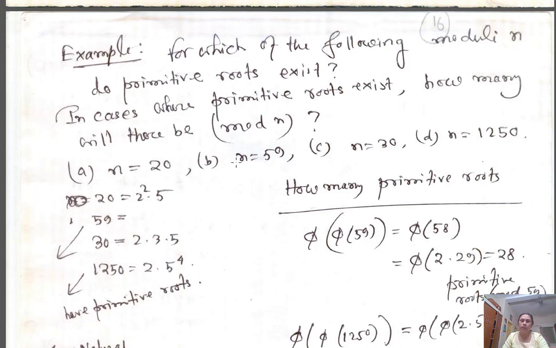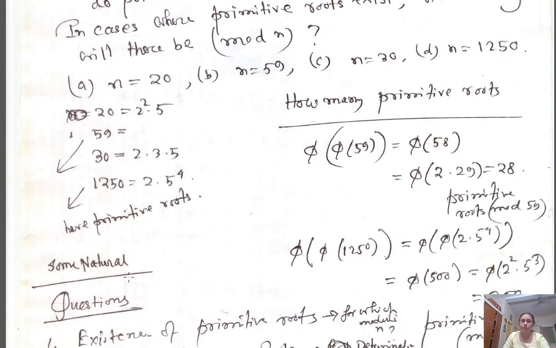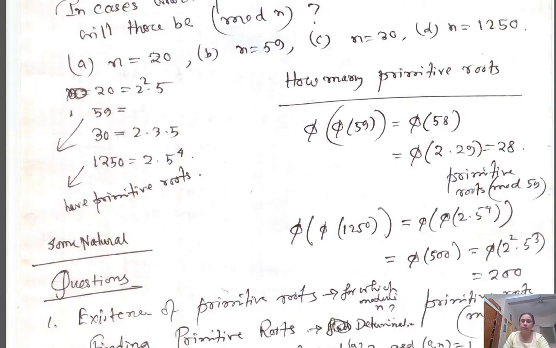Just check whether it is of the required form. 20 is 2 squared times 5, so it is not 2 times a prime power or a prime power, so we don't have a primitive element. This one is a prime, so a primitive root exists. For this one also a primitive root exists, since it is 2 times a prime power. So this has a primitive root, and this has also a primitive root.